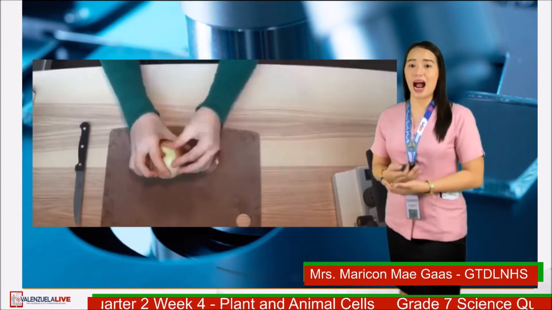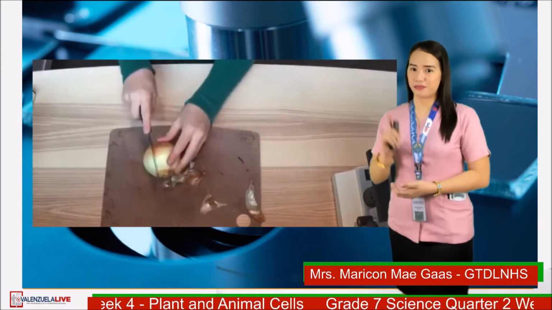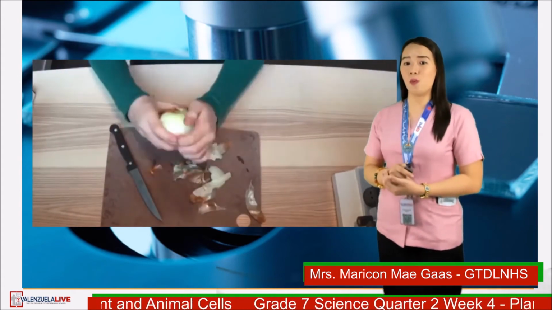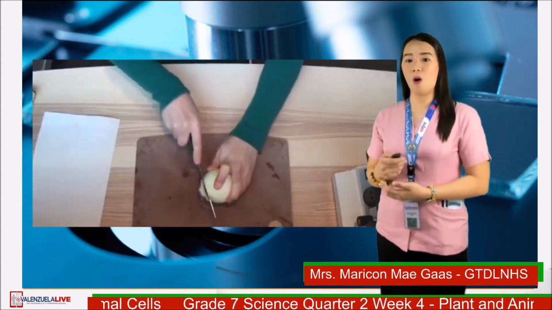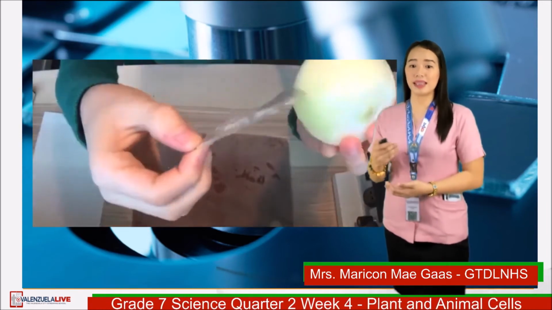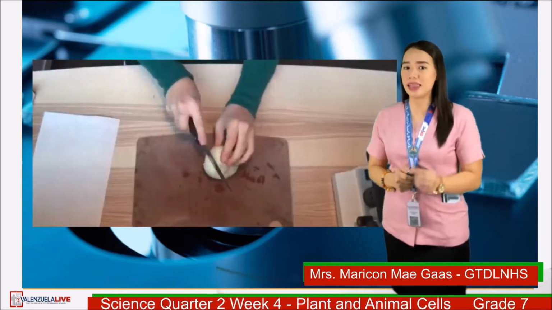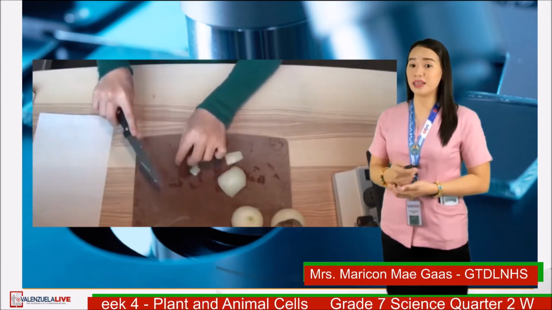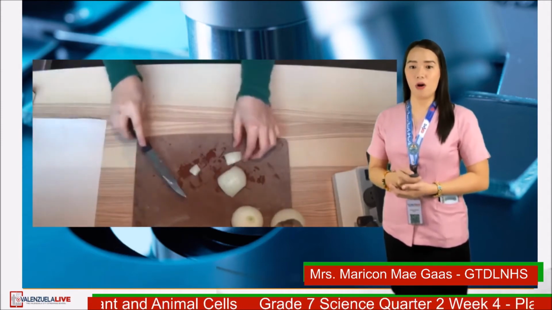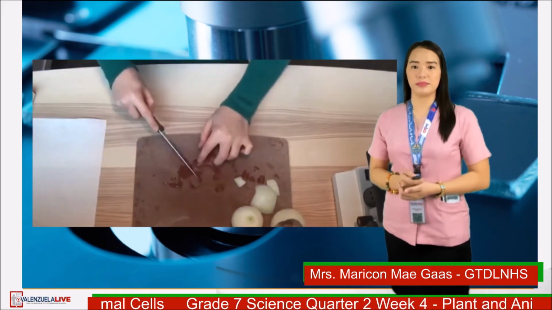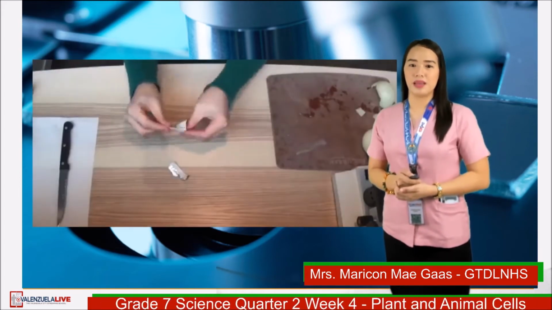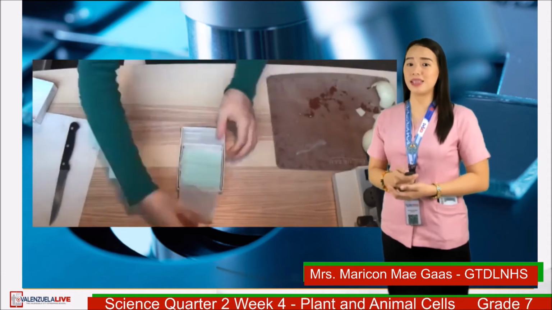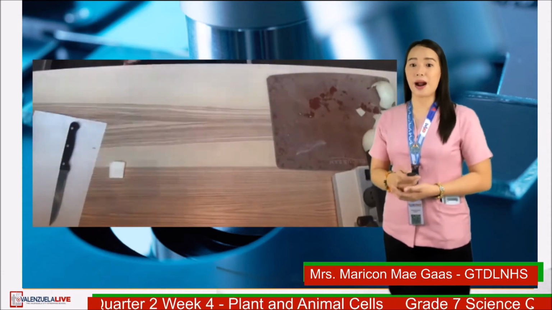To prepare our specimen, first, we need to wash and peel the onion. Then slice the onion as thin as possible. Use the transparent skin from the inner surface of the onion. Use a toothpick to place the onion on the slide properly.